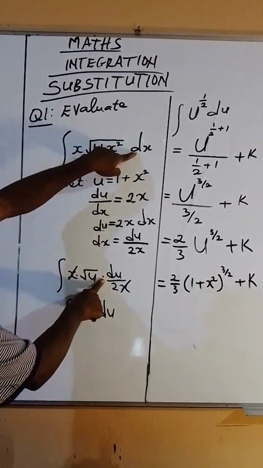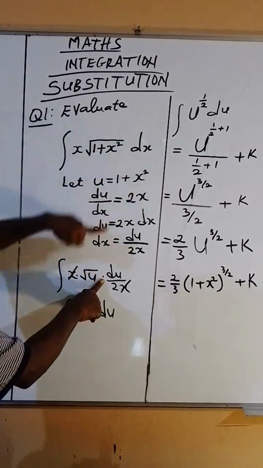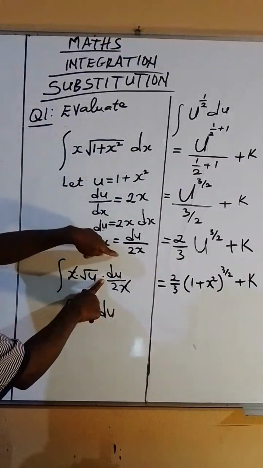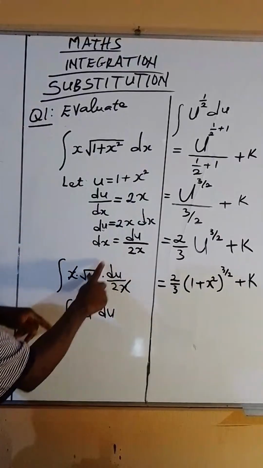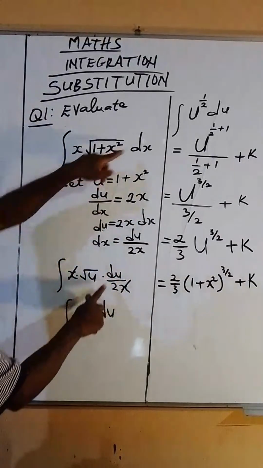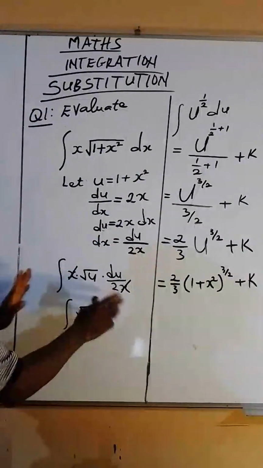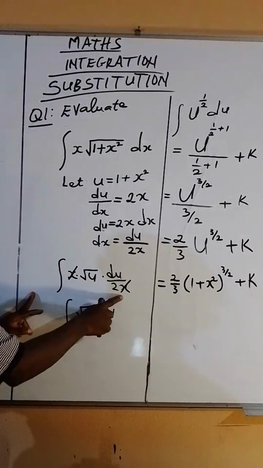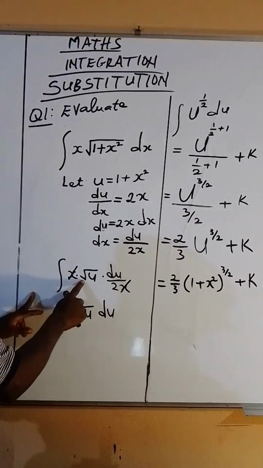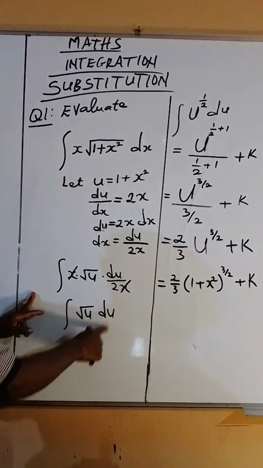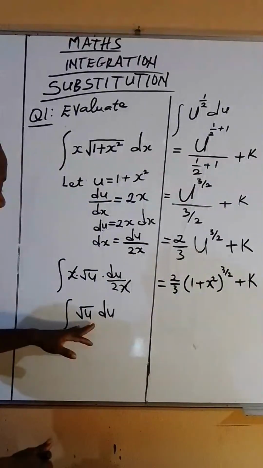Then, instead of writing dx, we use du over 2x to substitute for dx. When we do that, we cancel x, and we are left with root u du. Then we can go ahead and integrate.